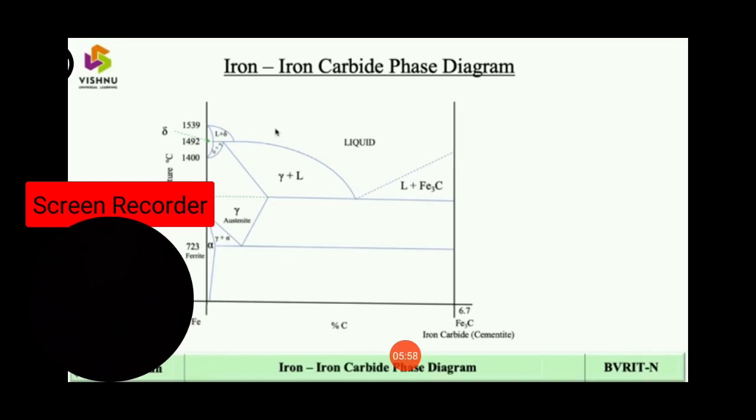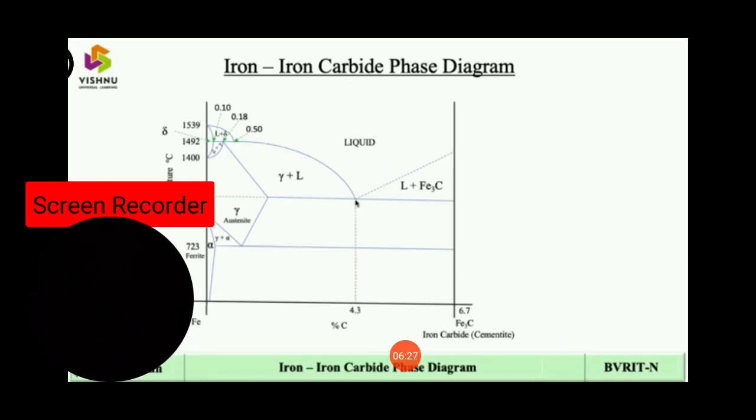Next important thing to do is the compositions, that is the carbon composition. We'll start with the top here, where delta has a maximum composition of 0.1% of carbon. Then here in between is 0.18% of carbon, and the maximum here is 0.5% of carbon.